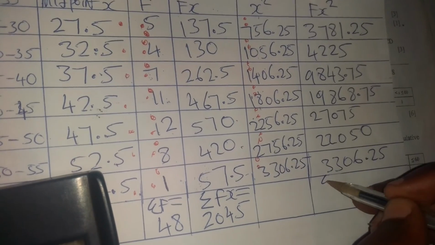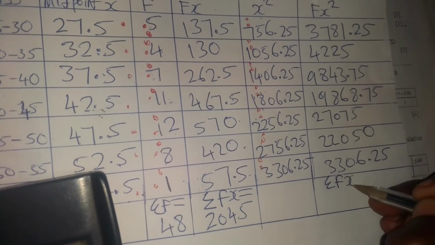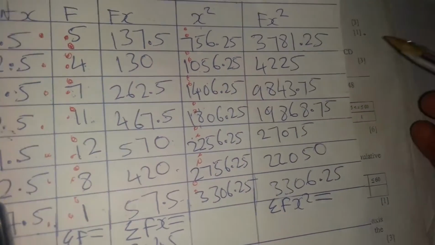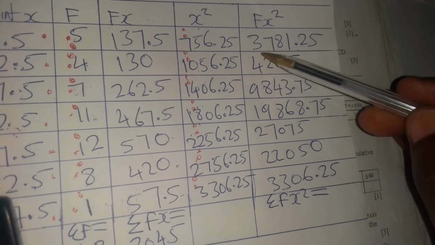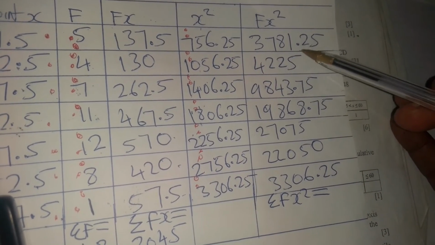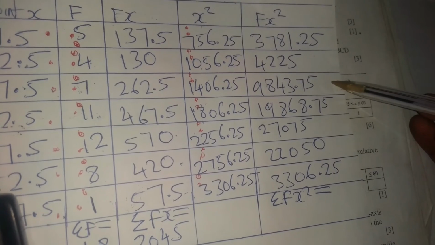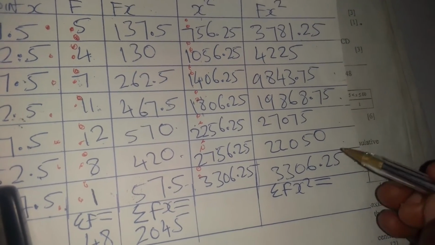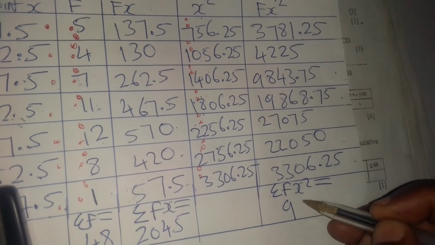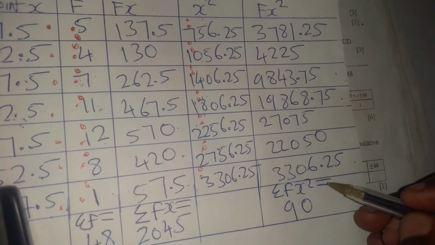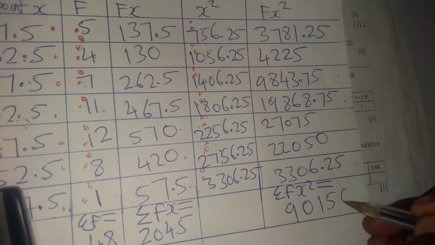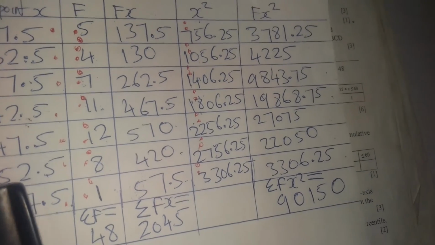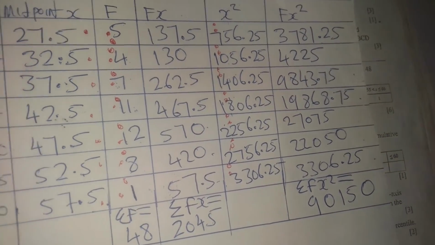Then we add the last one. So you add here again 3781.25 plus this number plus this plus this plus this plus this plus that. You should be able to get 9,150. So these will be your totals.